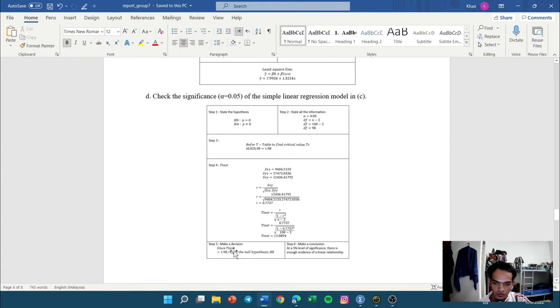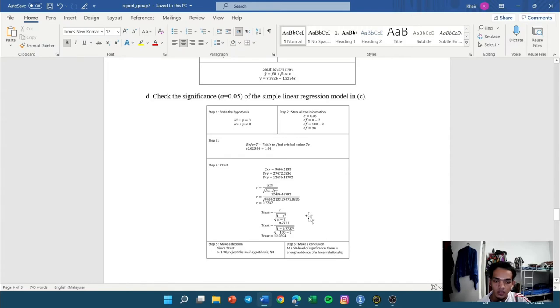Since the t-test we get is more than the critical value, reject the null hypothesis. The last step is the conclusion: at 5% level of significance there is enough evidence of a linear relationship.